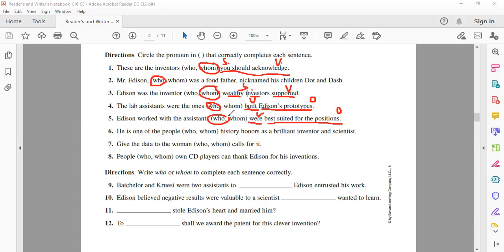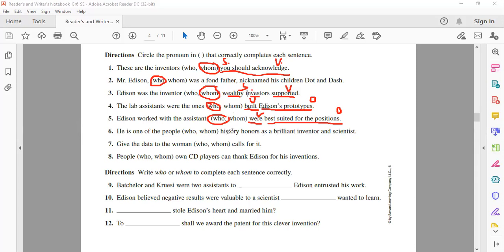What about number 6, Ya Malak? He is one of the people whom history honors as a brilliant inventor and scientist. So read the sentence after the brackets.